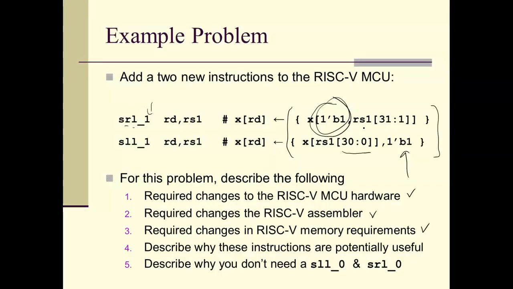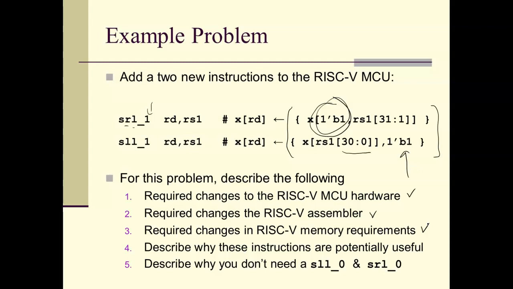So potentially useful instruction, sure. Why is it potentially useful? If I needed to do an operation like this, I'd actually have to spend 2 clock cycles on it. I would have to do an AND immediate after I was done with this one. In fact, I could do an AND immediate for a shift left.